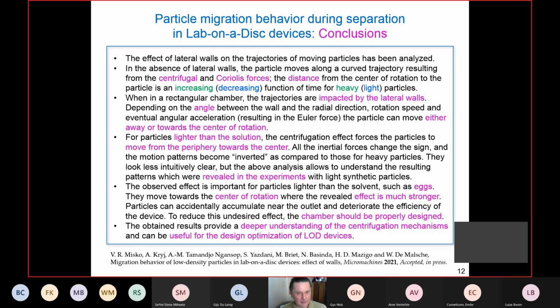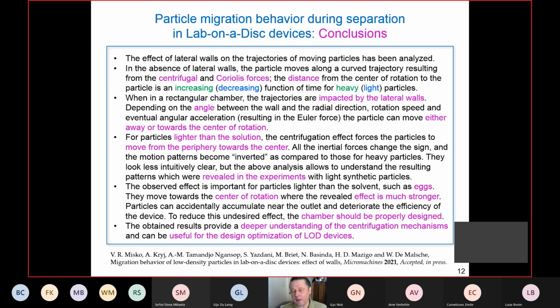But if we have boundaries, then it depends on the angle between the boundary at a particular point and the direction of the radius, and also eventually on the acceleration which this device acquires, it can happen that the motion will be in the opposite direction to the expected, which is predicted by centrifugal force.